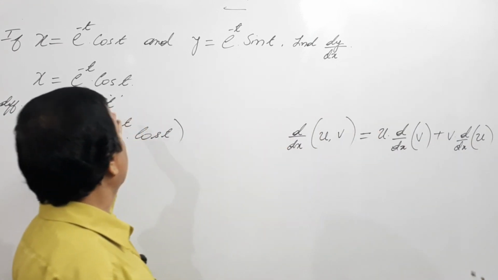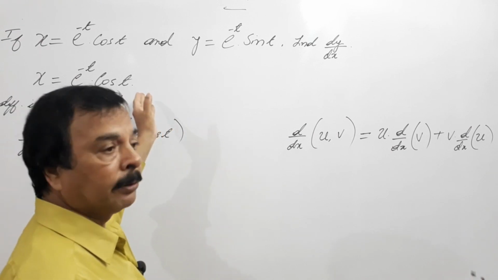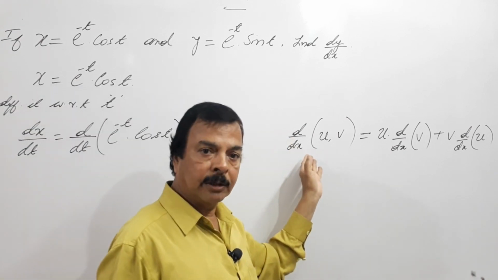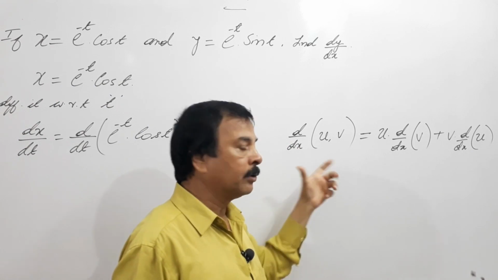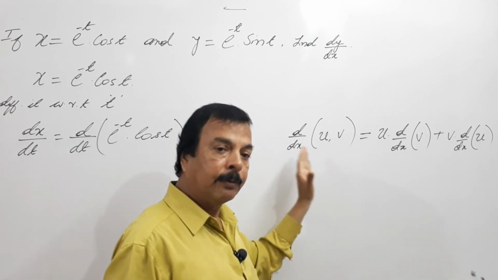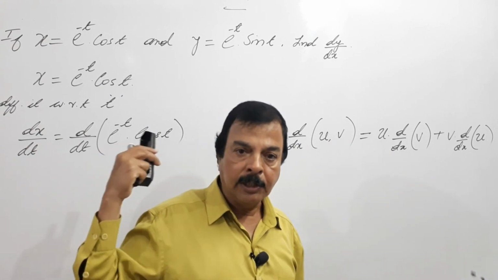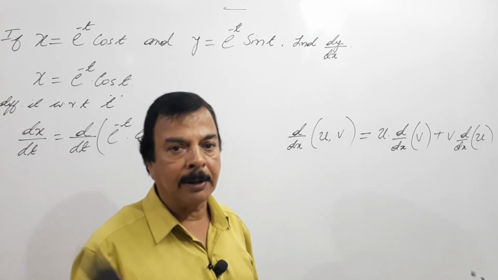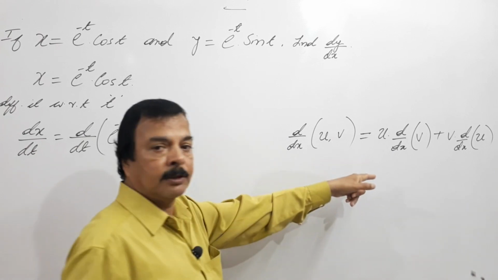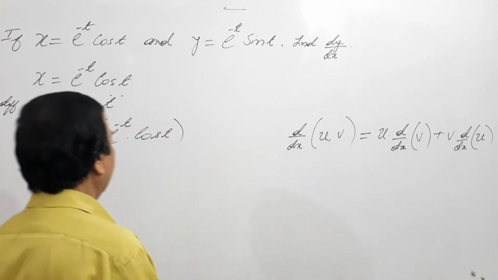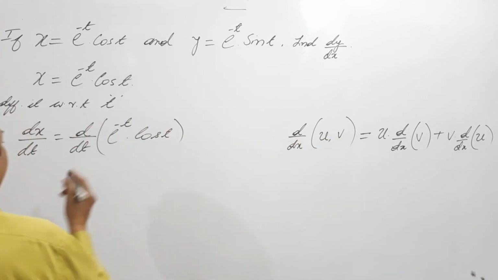Here you will be thinking, what is this? Sir is teaching me in respect to t, and here all of a sudden he is talking about d by dx. The product rule I am giving as an example. Using this concept, we are going to solve this parametric function with t as a parameter. So I'll rub this. Please make a note and proceed. I'll differentiate this.